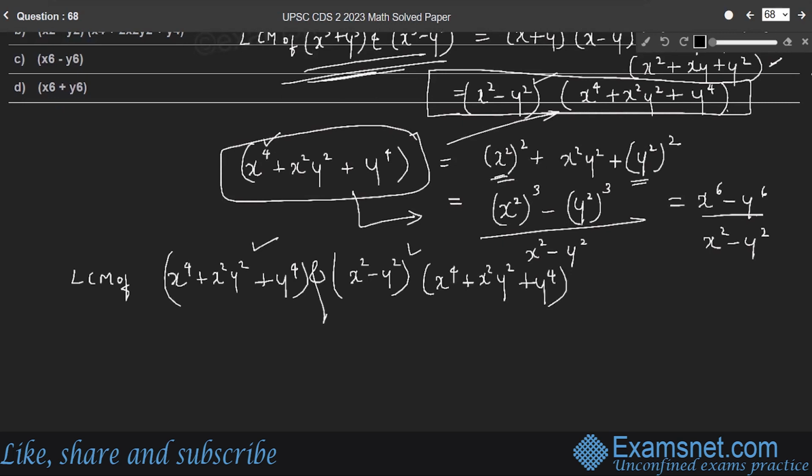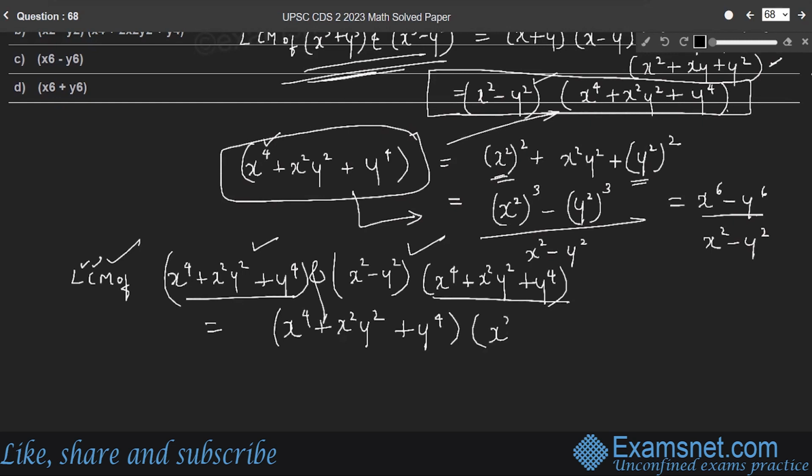We are taking the LCM of these two terms now, the lowest common multiple. The common multiple is x raised to 4 plus x square y square plus y raised to 4, into x square minus y square, because both expressions should be divisible by the common multiple.